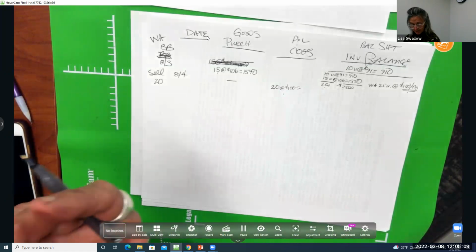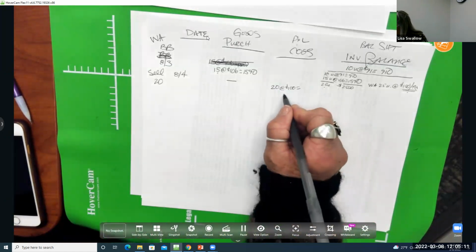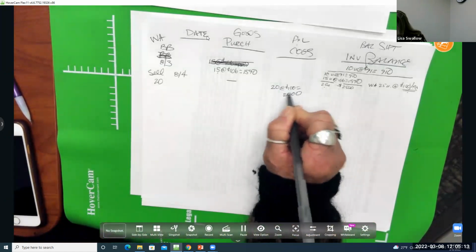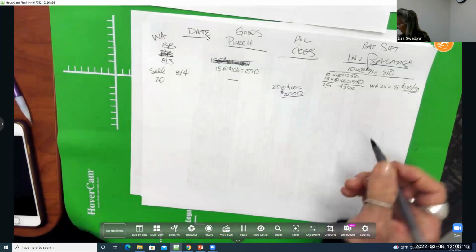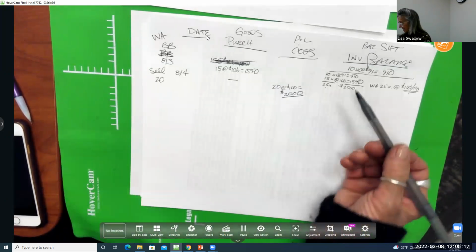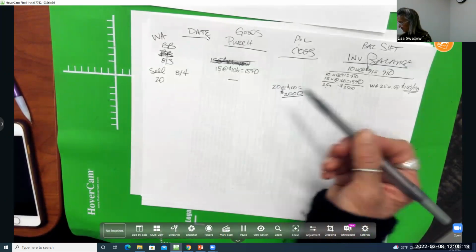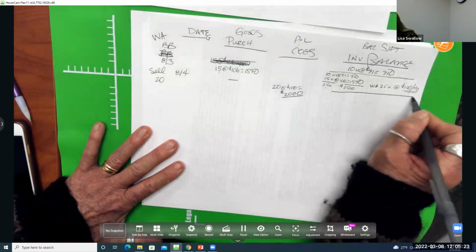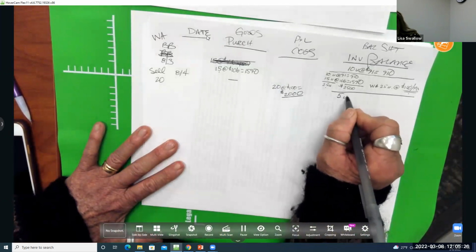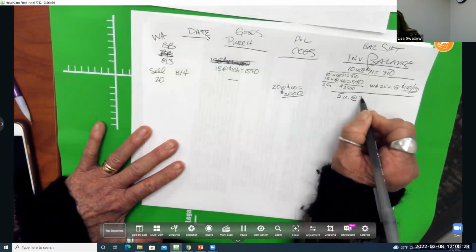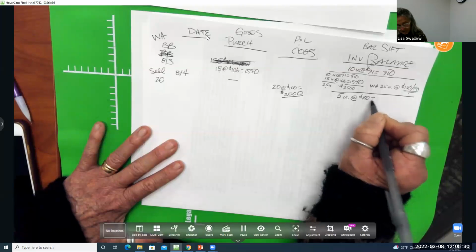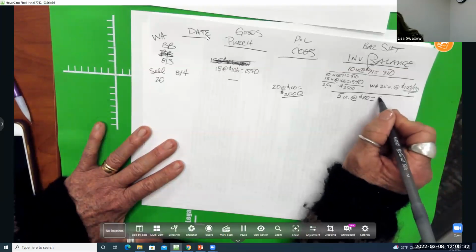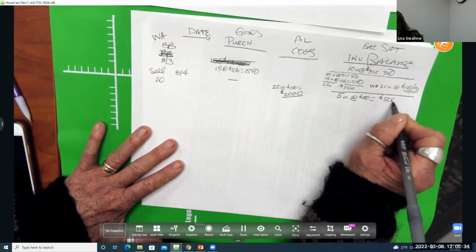So my COGS is $2,000. And how many units do I have left? I had 25, just sold 20. I've got 5 units left at the most recent weighted average. So I've got $500 sitting in my ending inventory.